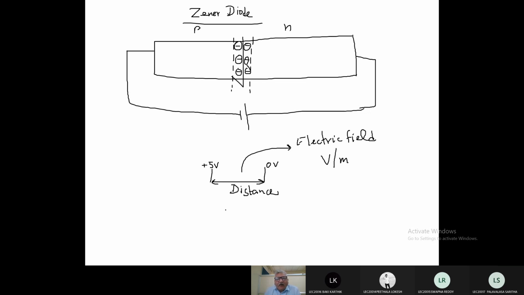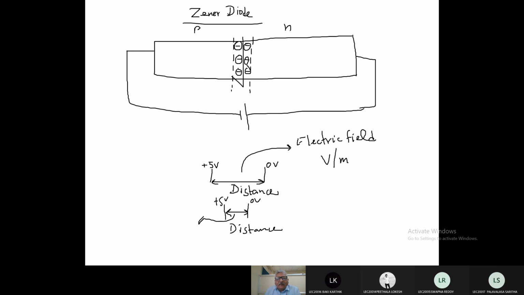Now you see this diagram. Now the distance is small, only this much is the distance. Here we have applied plus 5 volt and here we have applied 0 volt.